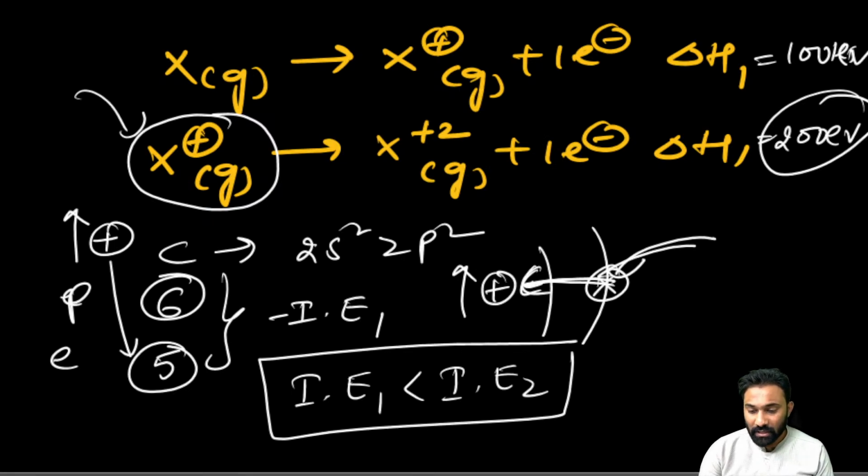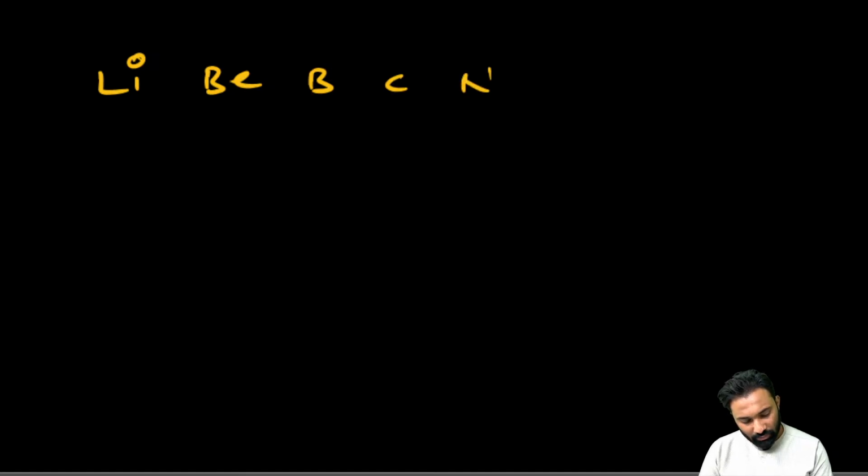Now we'll see how IE1 and IE2 vary from left to right. Here we take lithium, beryllium, boron, carbon, nitrogen, oxygen, fluorine and neon.